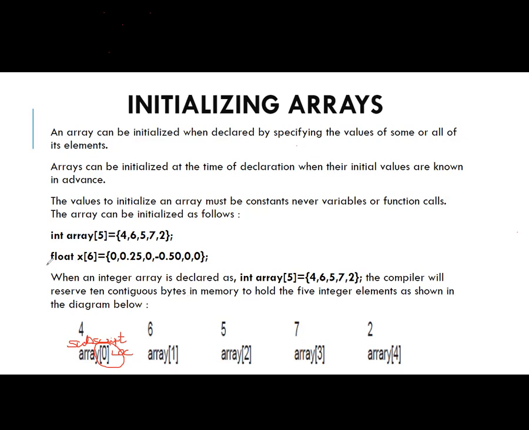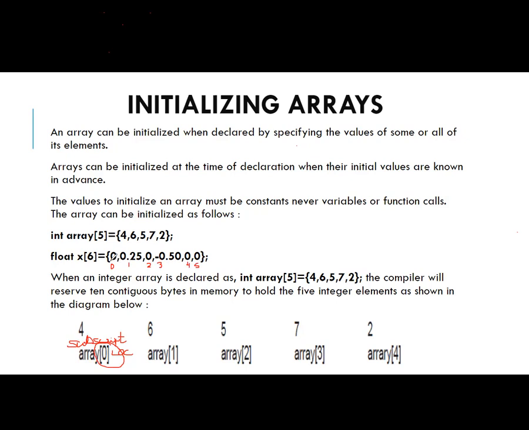Similarly, now you can declare a float array. Here you can see I have declared a float array of size 6, and I'm going to have 6 values, starting from 0, 1, 2, 3, 4, and 5.